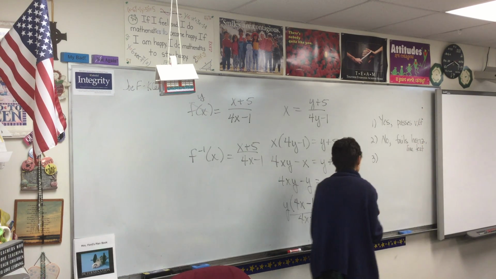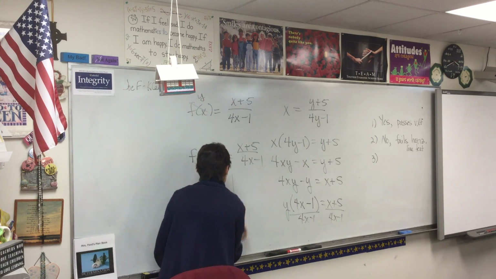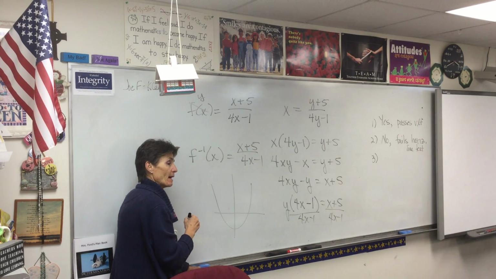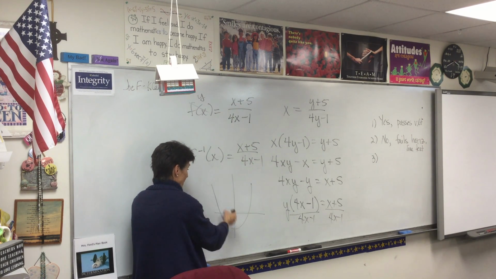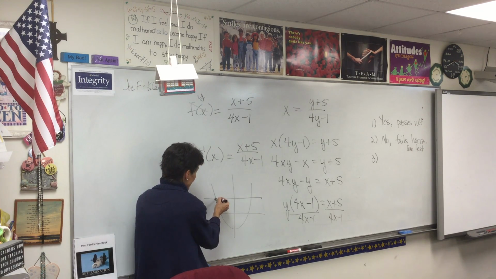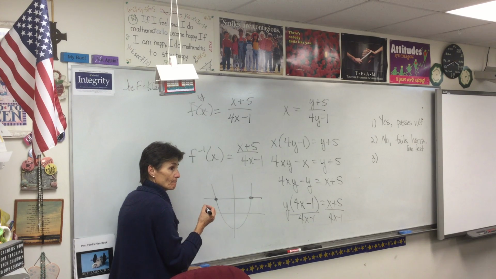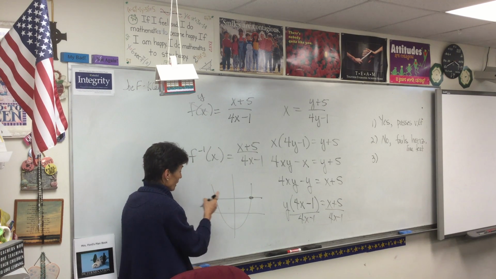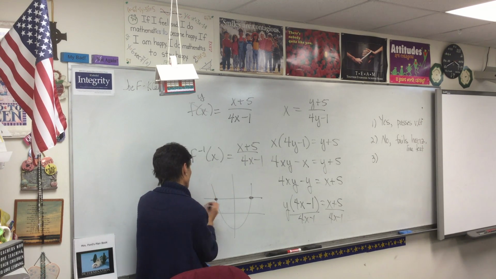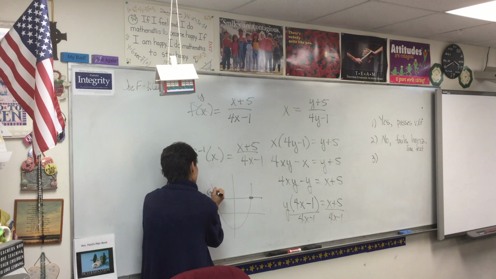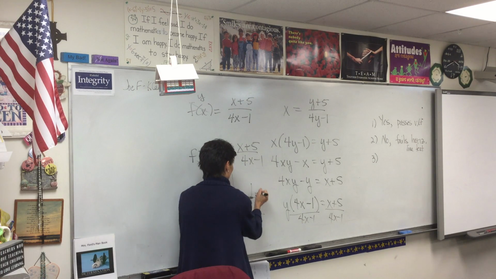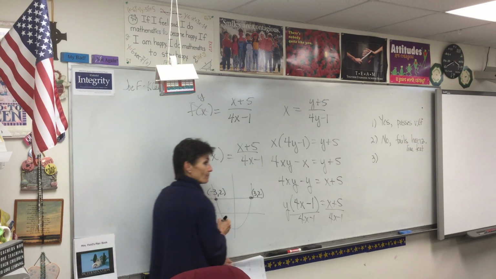Now let's talk about that for a minute. You've never done the horizontal line test before. If I draw a horizontal line, do you see how it hits the curve twice? Now let's talk about those 2 points. This might be the point -3, 2, I'm making this totally up, and this would be the point 3, 2.